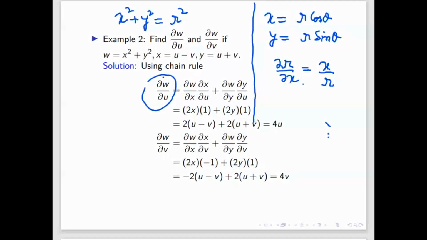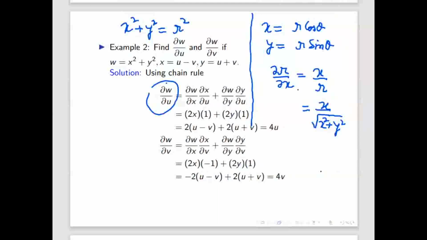So x upon square root of x square plus y square. Someone is saying plus minus also. So I am putting a question mark for the timing.